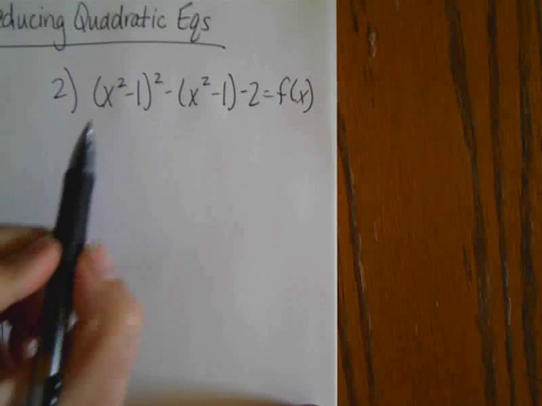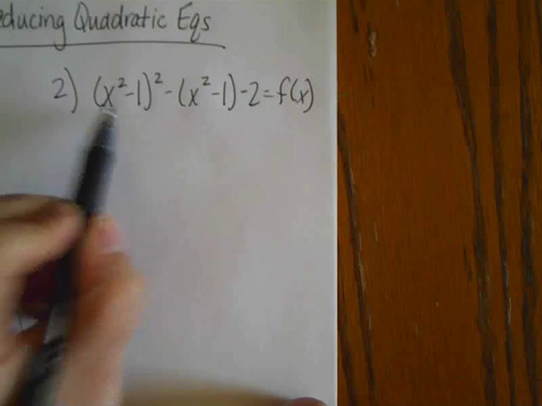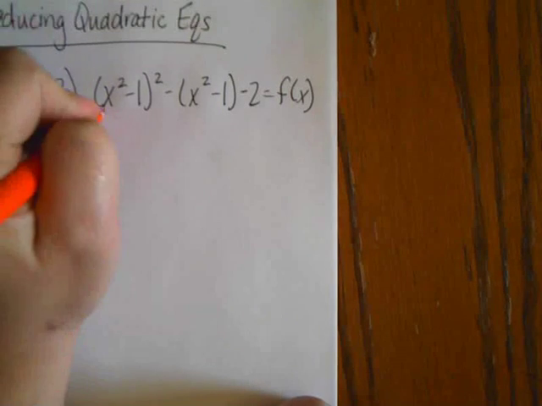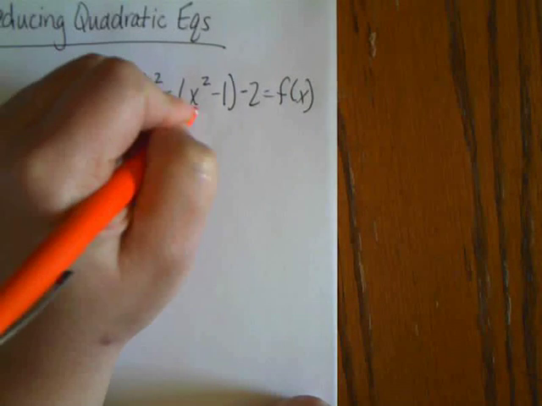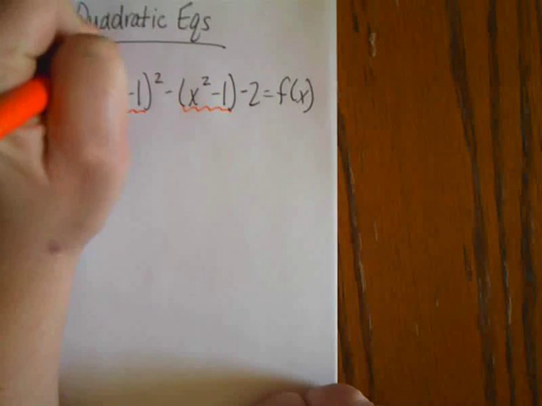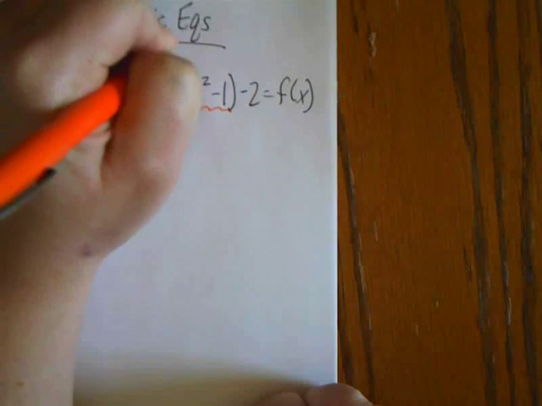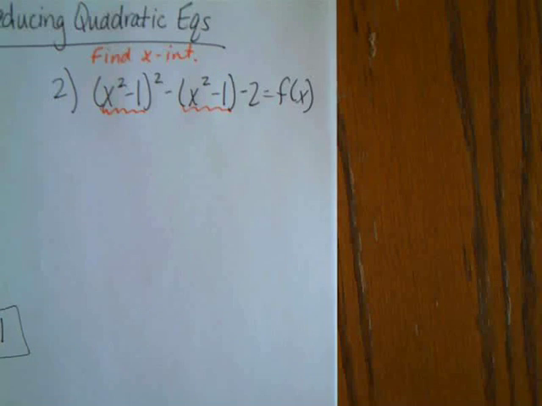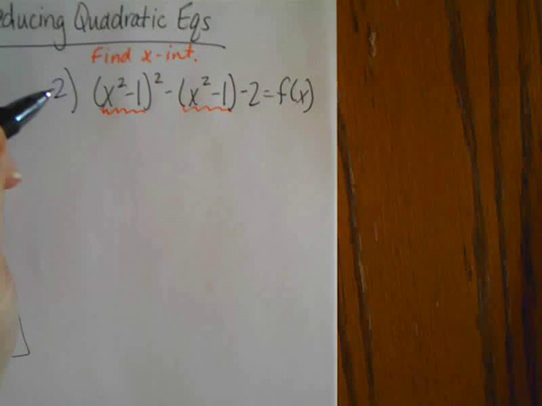Now what we see here is some term, these parentheses squared, minus the parenthesis, minus a constant. Oh, and what we're doing here, we can find the x-intercepts. Finding the x-intercept is the same as solving, except for putting your answer in intercept form in the end.